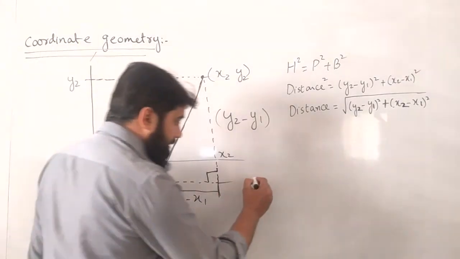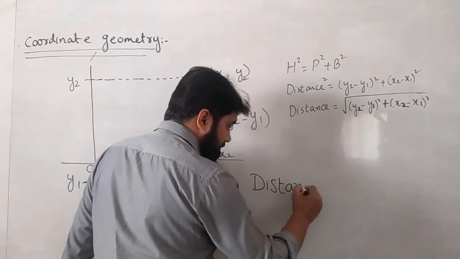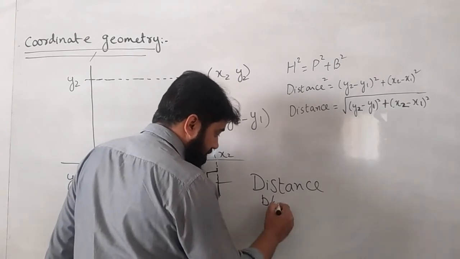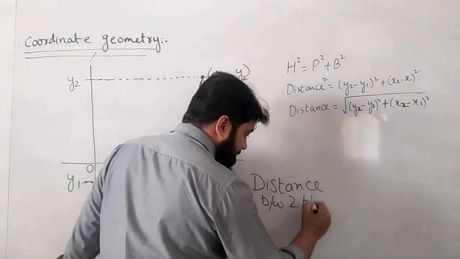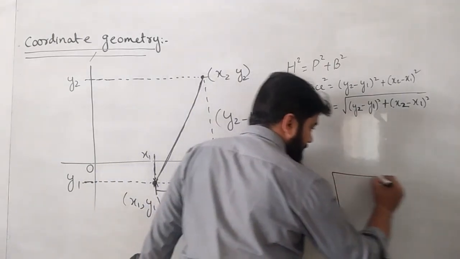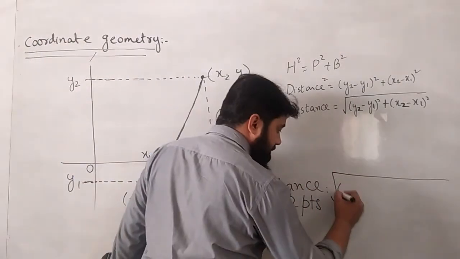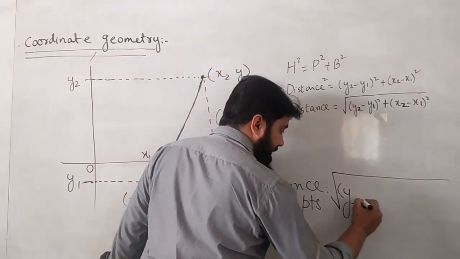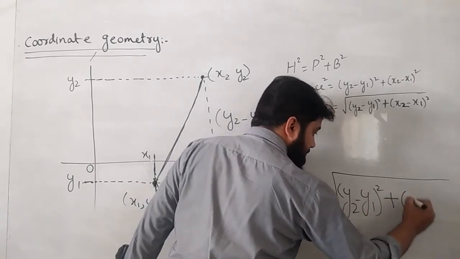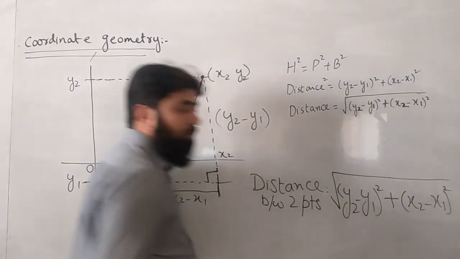I am again writing the distance formula. The distance between 2 points will be taken out by the given formula: the square root of y2 minus y1 whole square plus x2 minus x1 whole square.